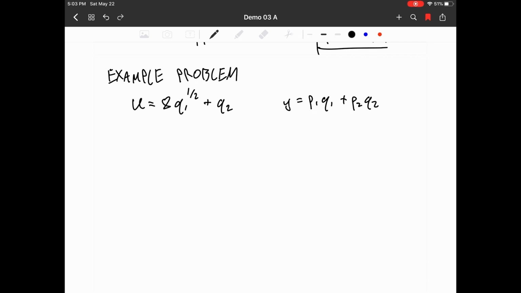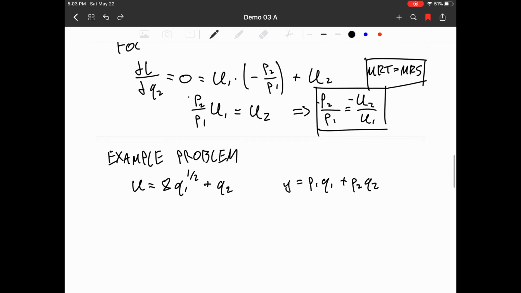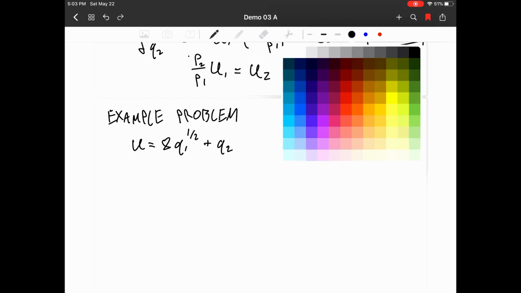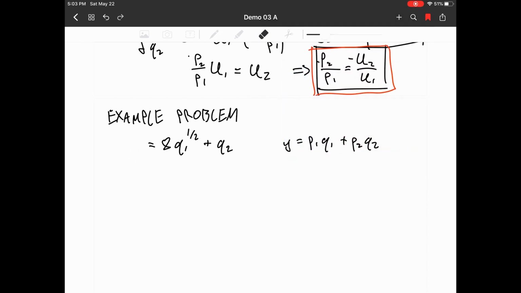Okay. So using our general solution here, we can skip a bunch of the steps. So let's write this out. Another way of writing this is that the utility function is a function of Q1 and Q2.